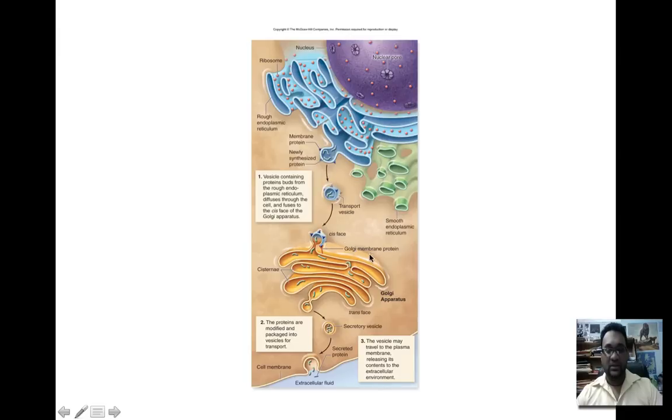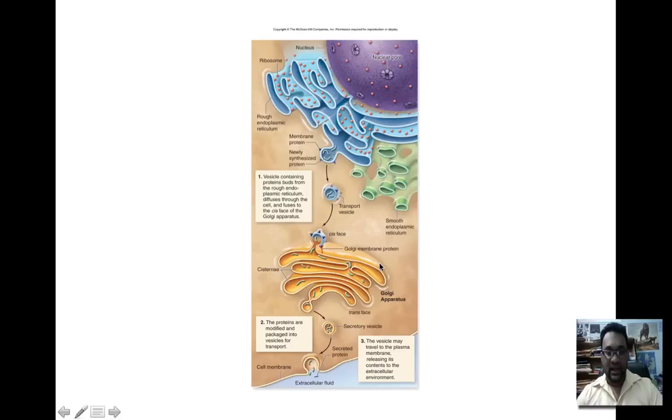Now, the Golgi apparatus is often described as like flattened pancakes. They make that association. Once the proteins are manufactured and there's a post-translational modification in the rough endoplasmic reticulum, it is then sent to the Golgi apparatus.